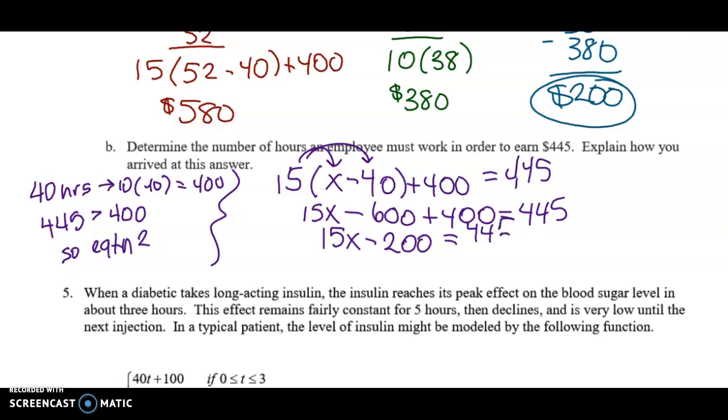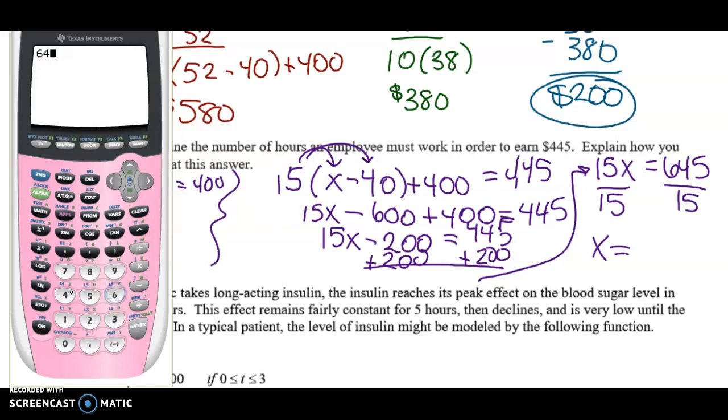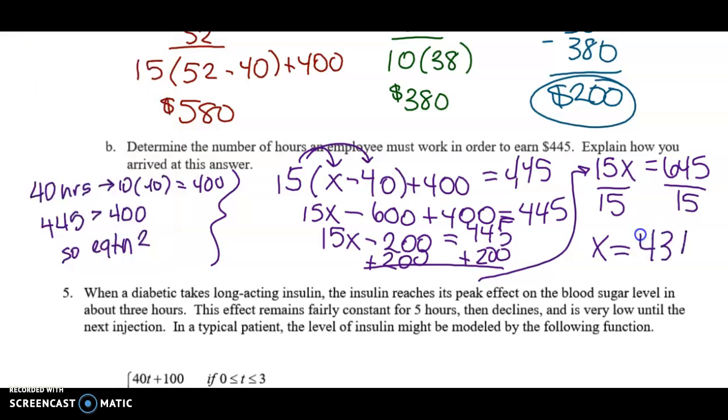Step 4 is to undo the addition and subtraction. So I'll add the 200. When this comes up on the Regents, if you work nicely like I have been, you can just do that too and show people where you have to go. And then last is undo the multiplication and division. So 645 divided by 15. This person worked 43 hours.